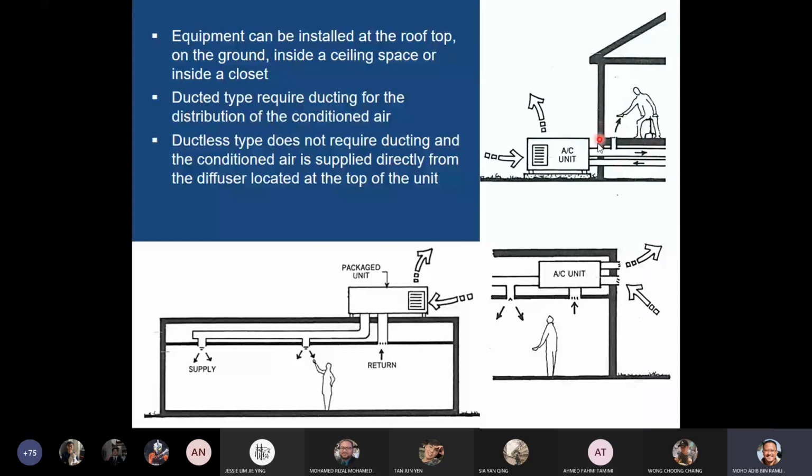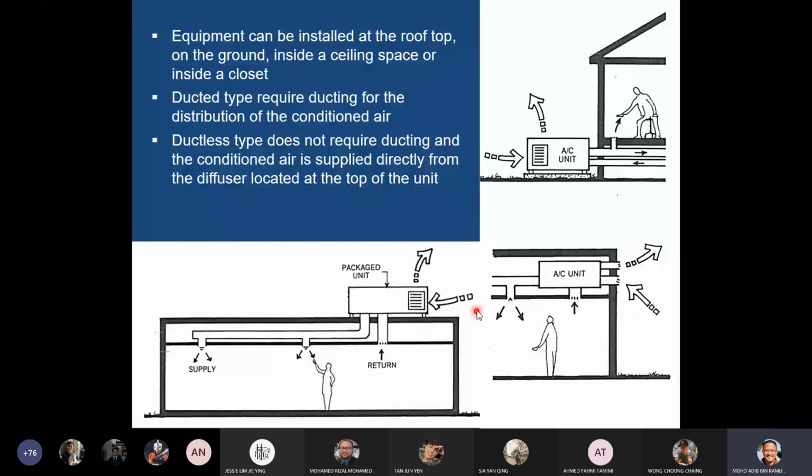So the ductwork can come from underneath the floor. But in a normal building, you can put the package unit on the rooftop, especially if you have a flat roof. It's easier to put the package unit on the rooftop.